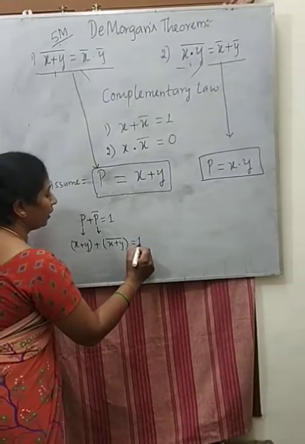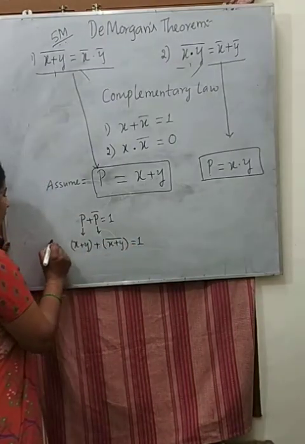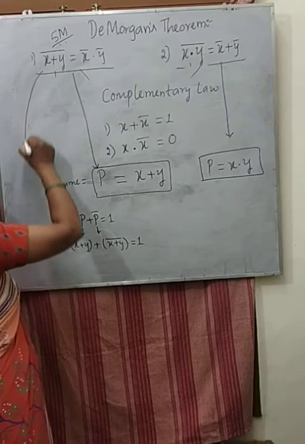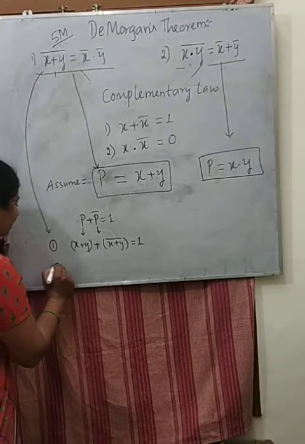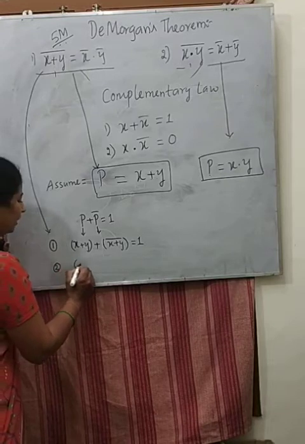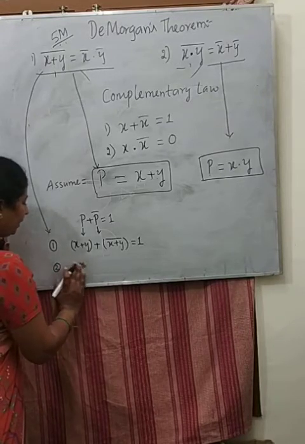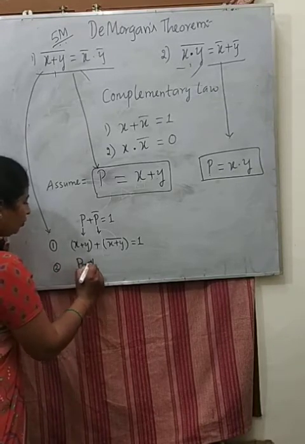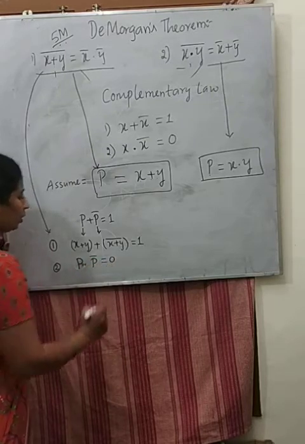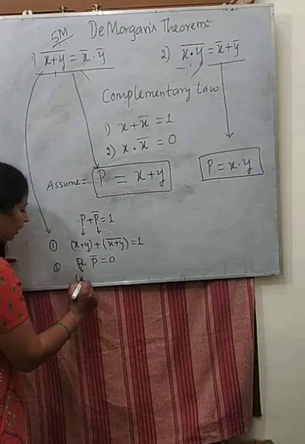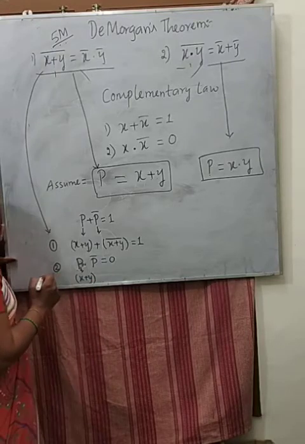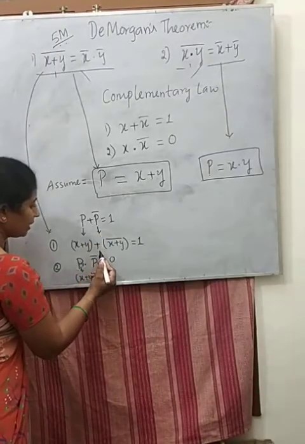That should be equal to 1. This is your first statement for the first theorem. What is the second statement? p into p complement is equal to 0. In place of p, x plus y. Here the plus was there, hence the plus.